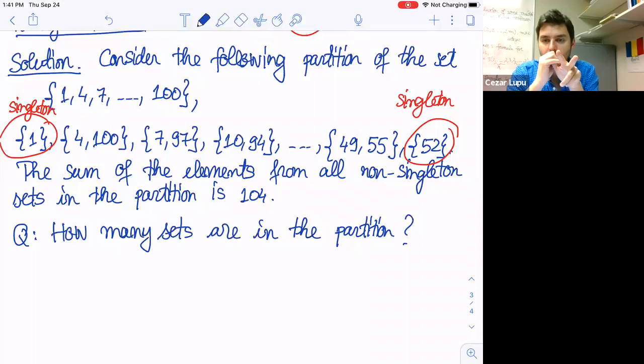You also add those two as well. So it goes from 3 to 3, all the way to 52. How many of them are there?